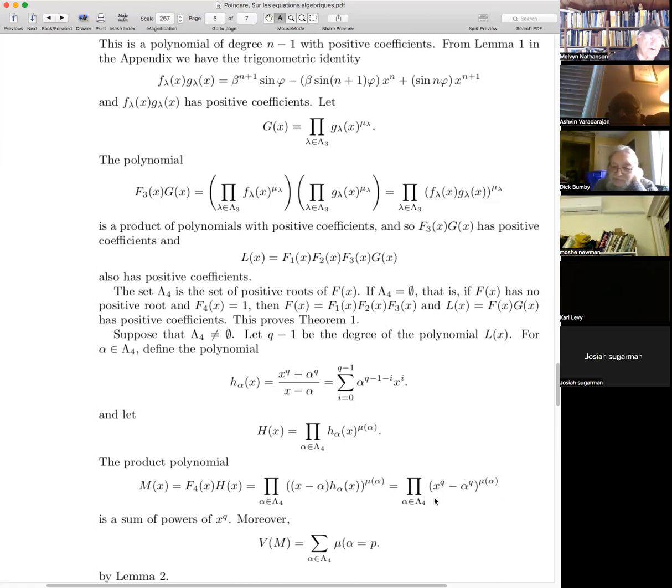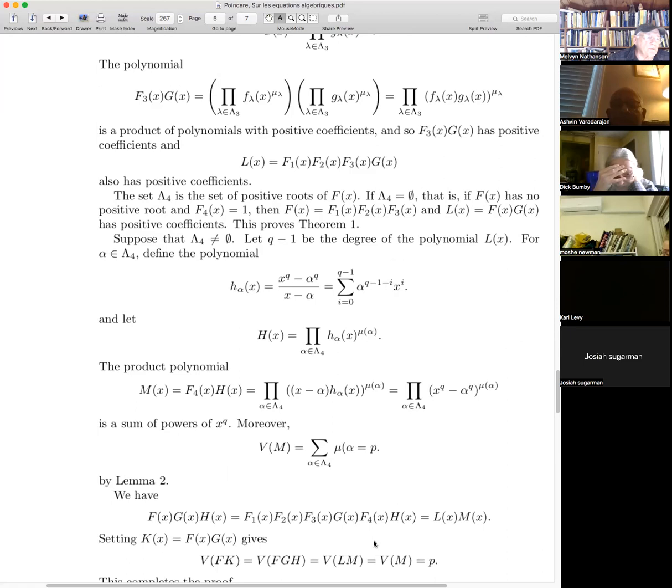So the number of sign variations in this polynomial, capital V, this is the Descartes rule of signs number, is the degree of this polynomial, which is just the sum over all alpha of the multiplicity of alpha. That's equal to P, the number of positive roots of F counting multiplicity. So the number of sign changes of M is equal to this number P.